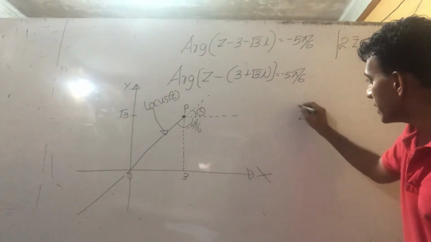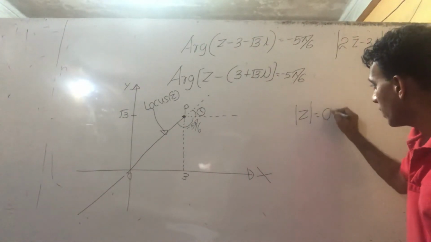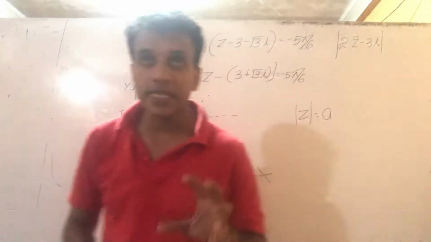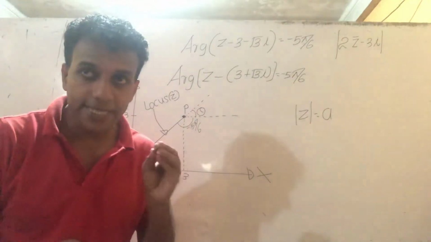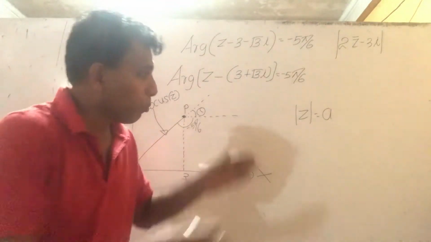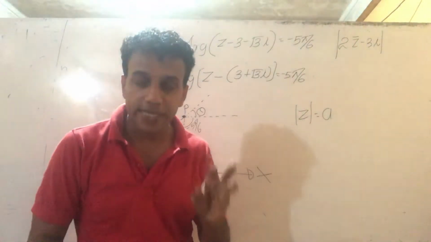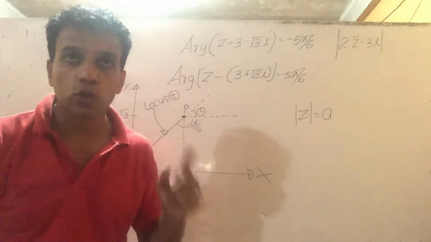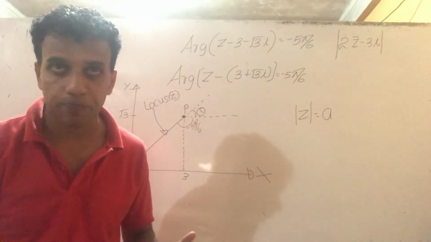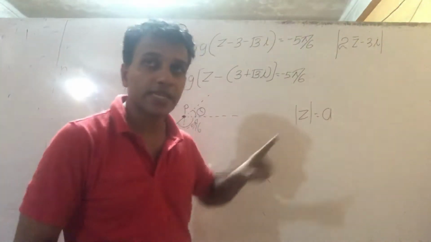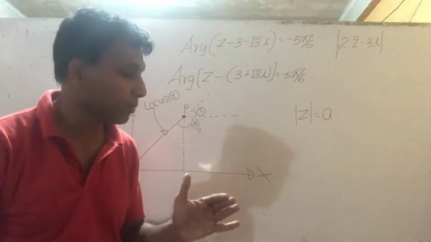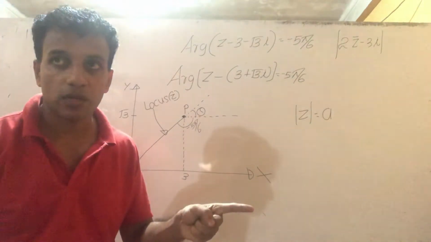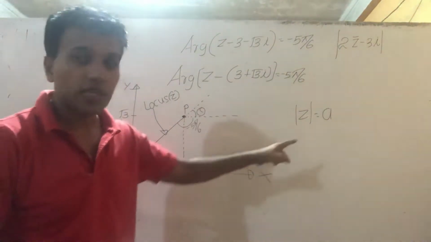Mod z equals a, for example. Mod means distance from the origin. Mod z means the distance from the origin to that particular complex number. That's equal to a, the distance of that complex number from the origin.